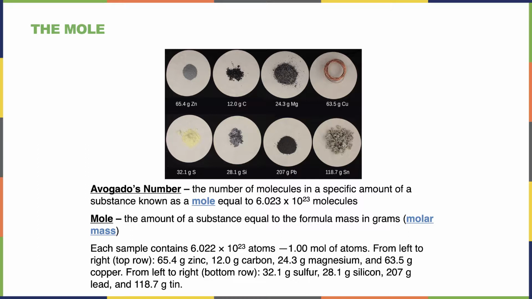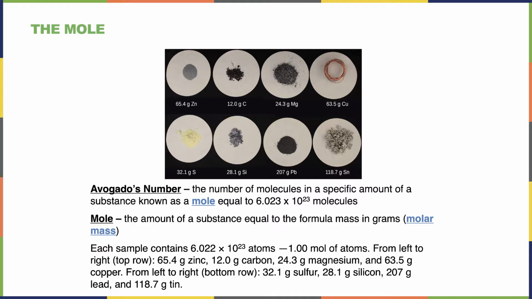So zinc's atomic mass is 65.4 AMU. If you weigh out 65.4 grams of zinc, you have 1 mole of zinc, and you have 6.022 or 6.023 times 10 to the 23rd atoms of zinc. And that's true for each of these things that is represented in this picture.